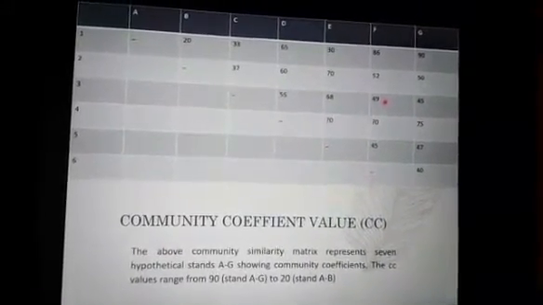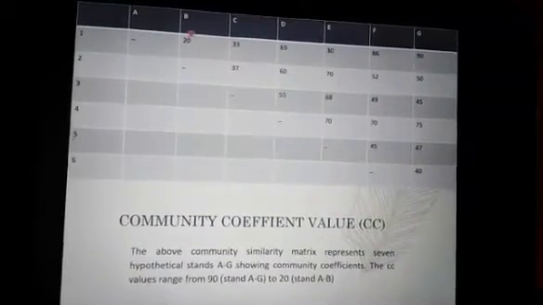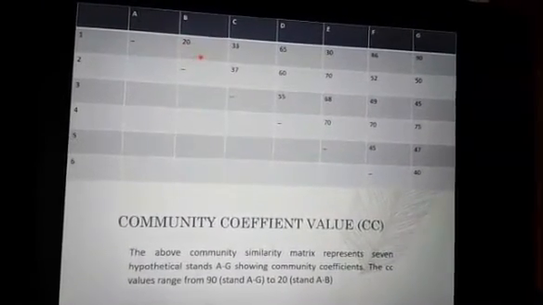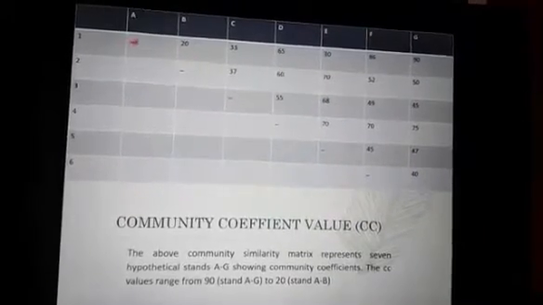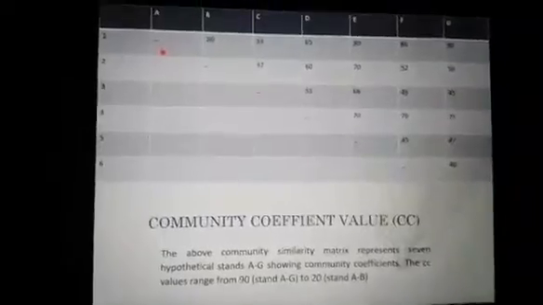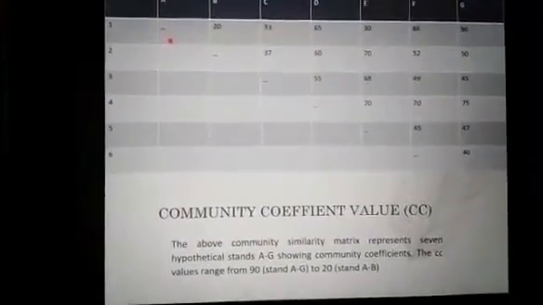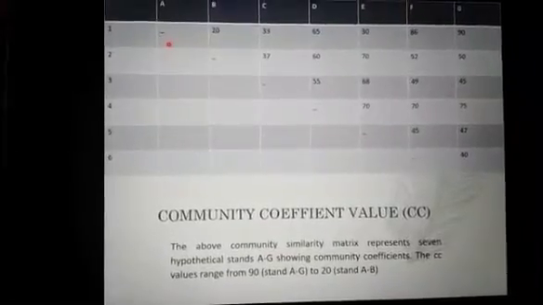The community coefficient value ranges from 90 to 20. You can see stand A has nothing there. So we are going to show you how we calculate these different things.